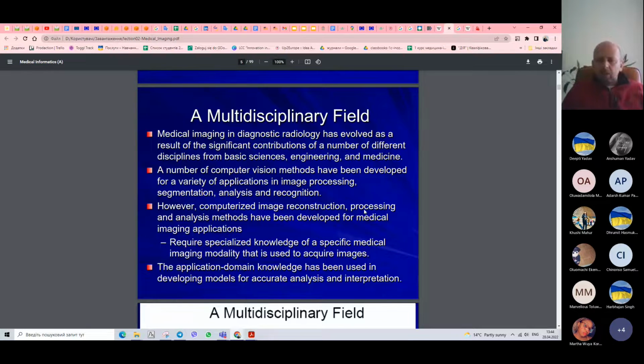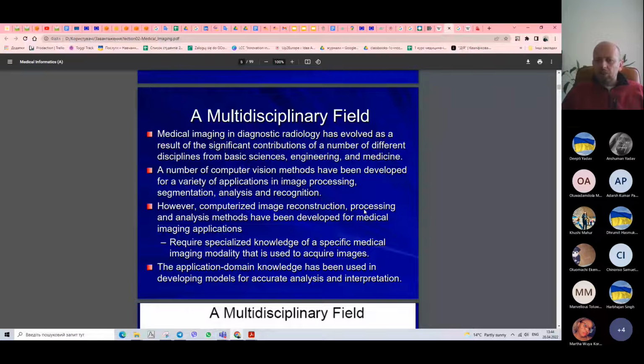A multidisciplinary field, we will discuss a few. Medical imaging in diagnostics, radiology has evolved as a result of the significant contribution of a number of different disciplines from basic science, engineering, and medicine.